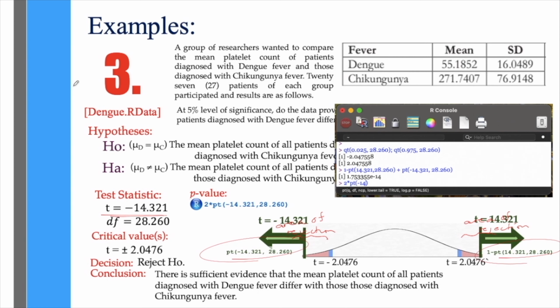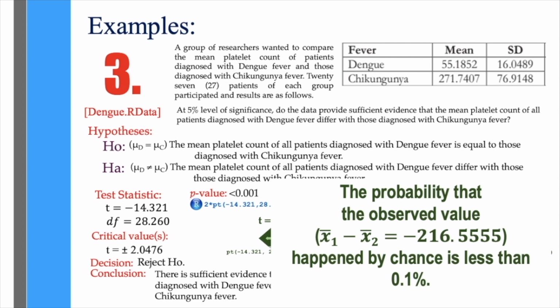We're going to have a value which is very small, when rounded off to 3 decimal places, that's 0. So we're going to write it as less than 0.001, which indicates that the probability that the observed value, in which the difference is not 0, happened by chance is less than 0.1%.